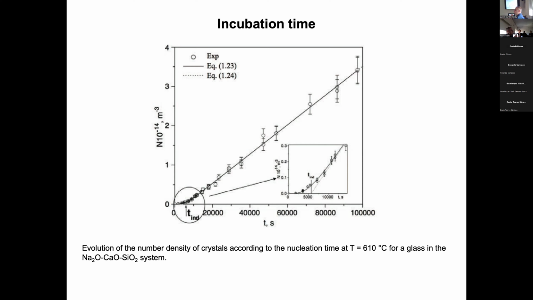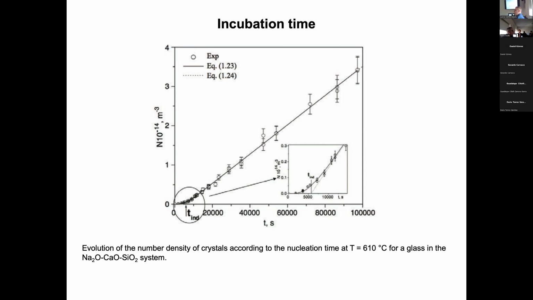Nucleation will occur after a certain time. This is called incubation time, and it is different for each mineral. For complex minerals like plagioclase it can be longer than, for instance, oxide or olivine. And this incubation time depends on the undercooling.